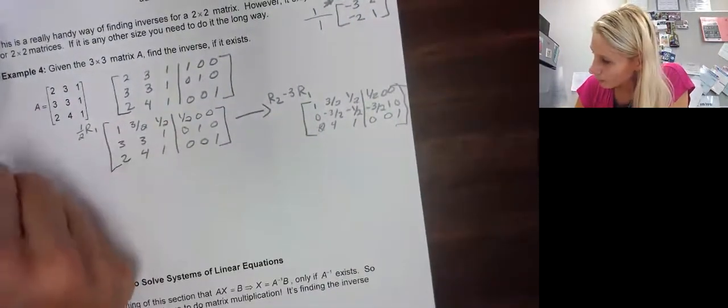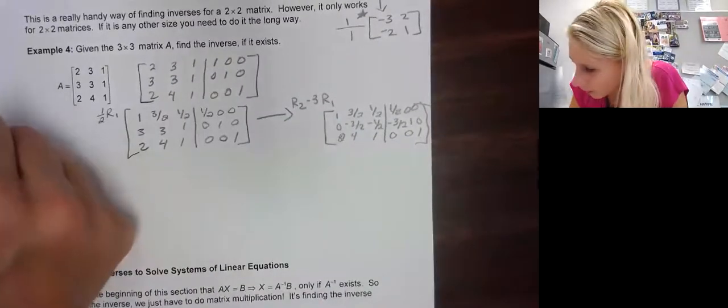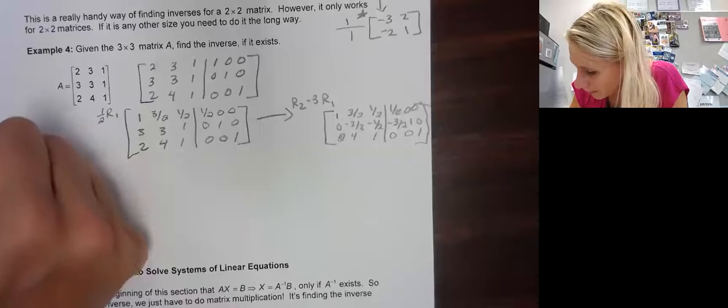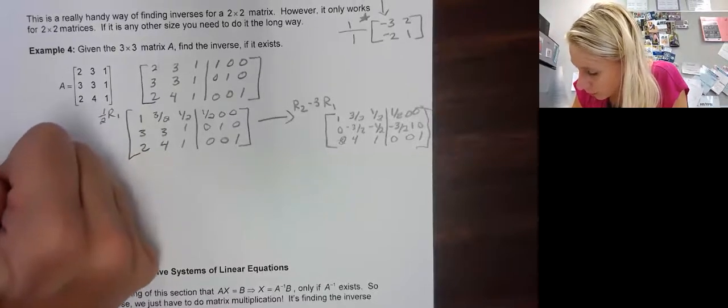Okay, what would be my next one? Well, I need to get a 0 down here, right? So I would have row 3 minus 2 of row 1.